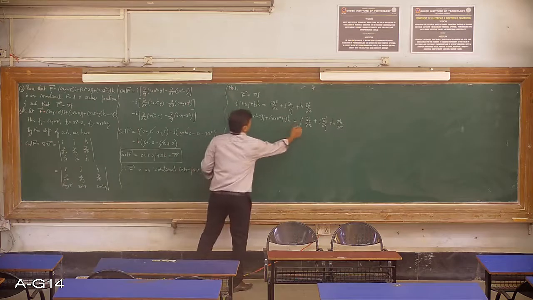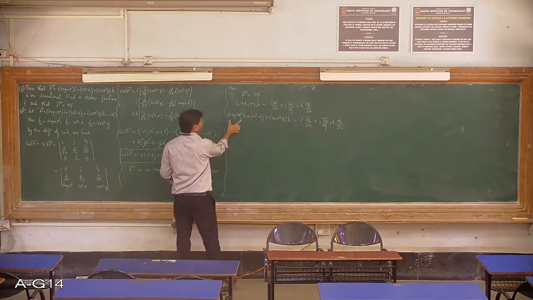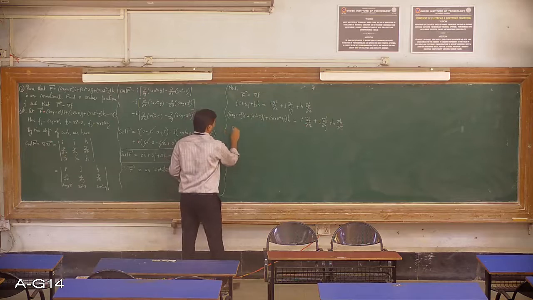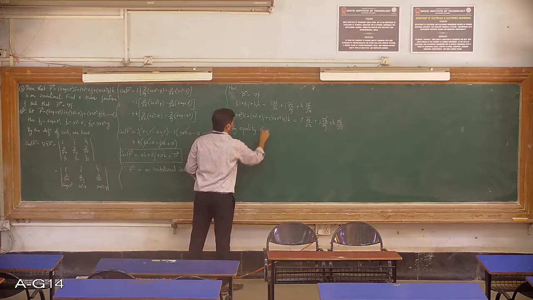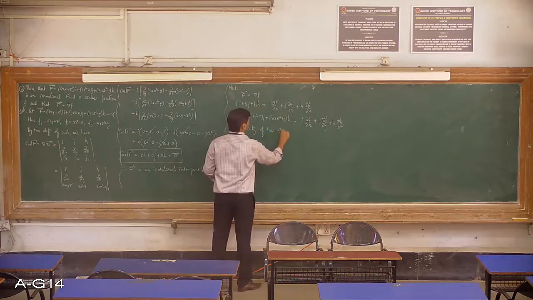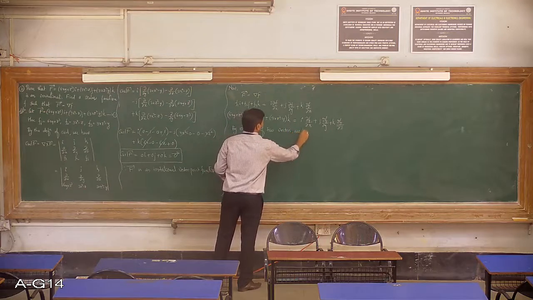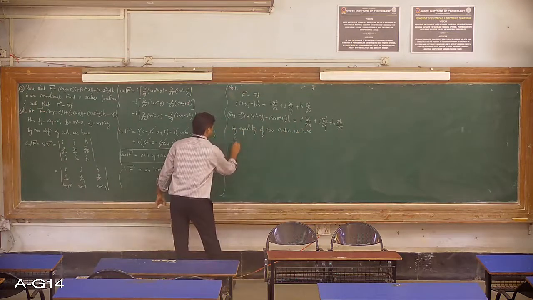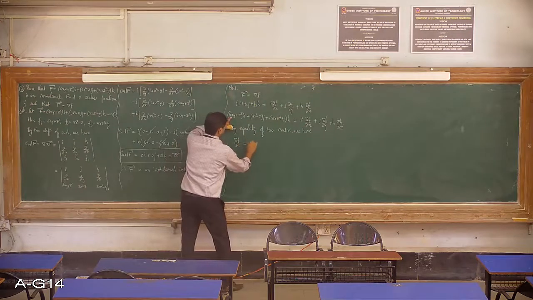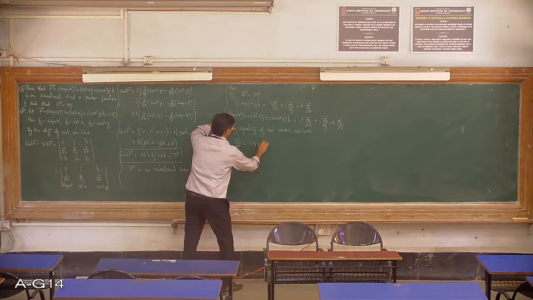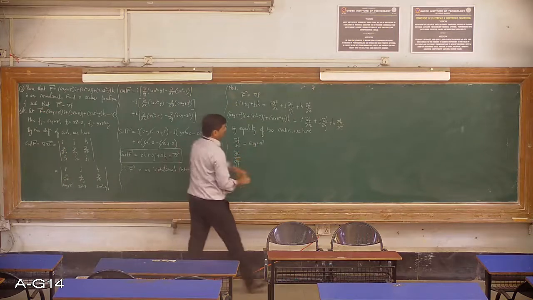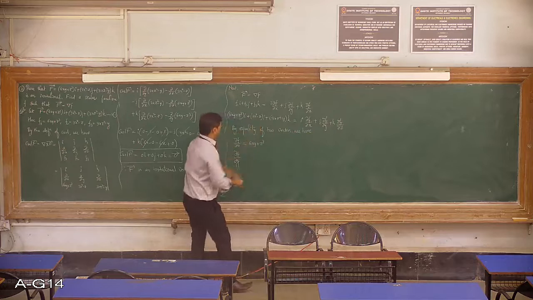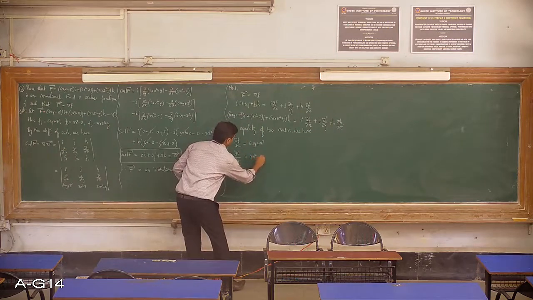That means the i coefficient is ∂f/∂x, and here the i coefficient is 6xy plus z³. So by equality of two vectors, we have ∂f/∂x equals 6xy plus z³. Next, ∂f/∂y equals the j coefficient, which is 3x² minus z.